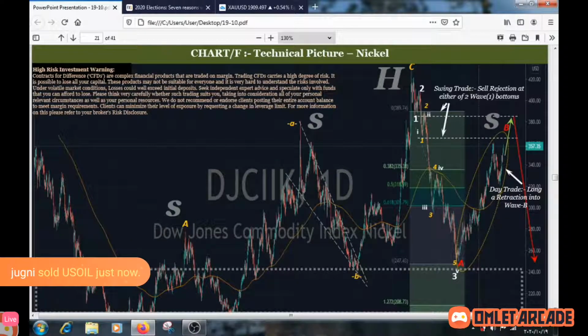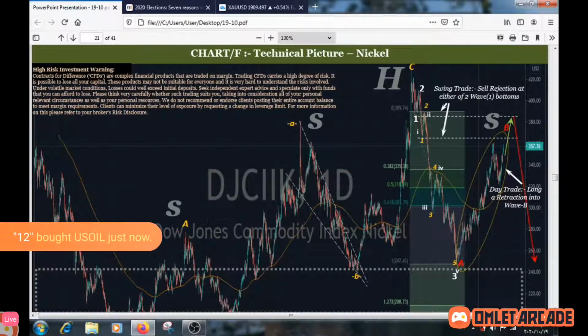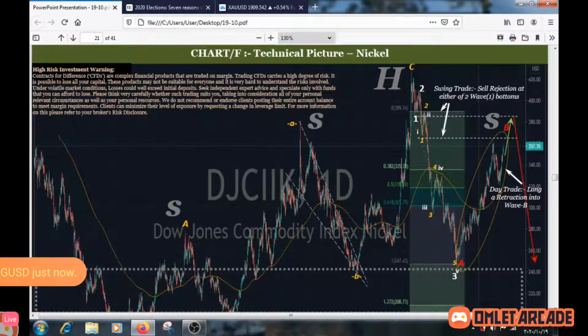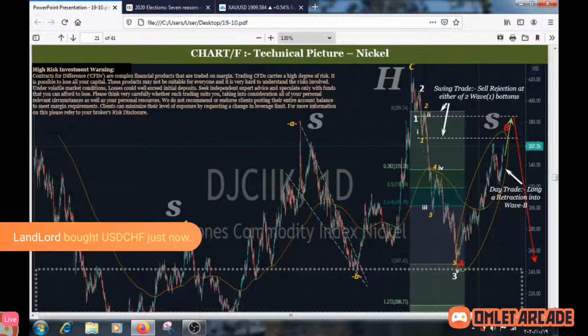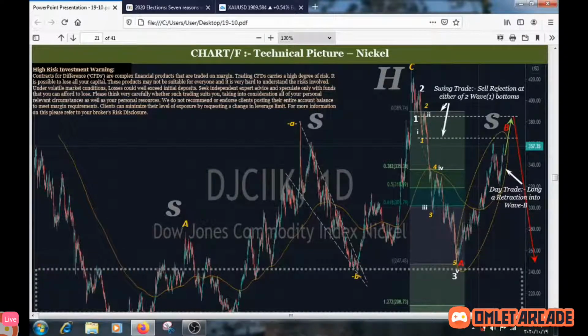Now, we know the points of termination technically should be below the bottom of 1 here. Like we said, this is the primary wave, the bottom of 1 in white. So that means that we could consider to start shorting at 366, 367, or 383, or even if we go higher, 420.